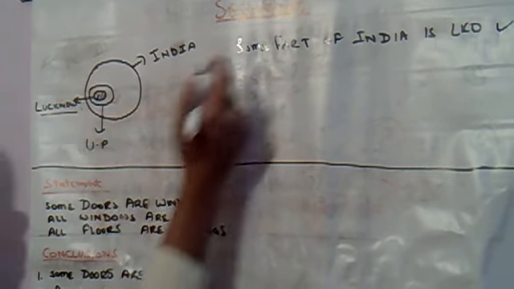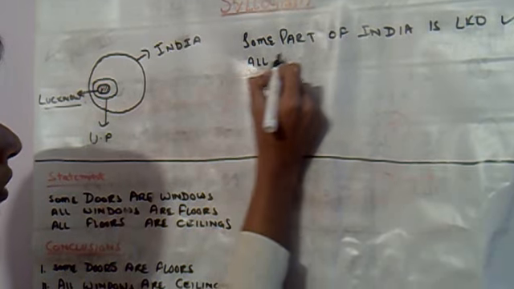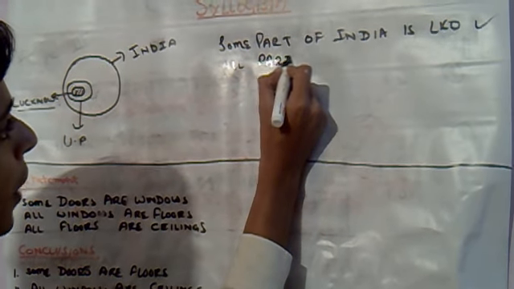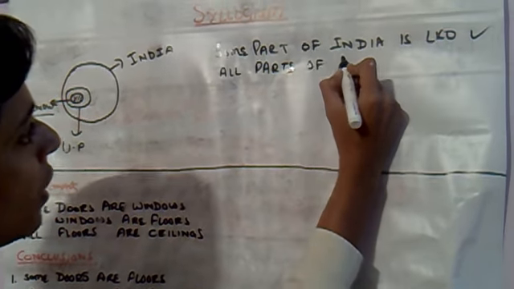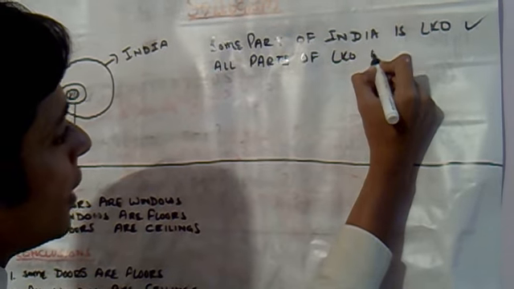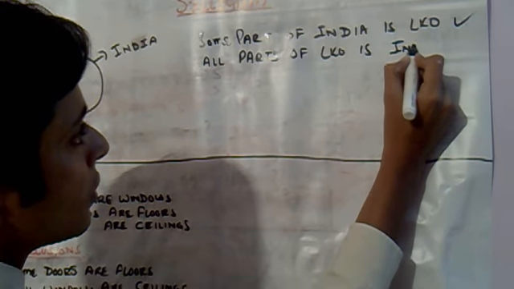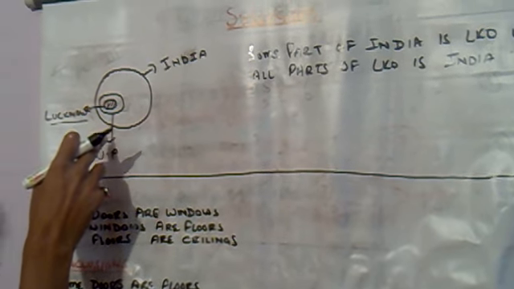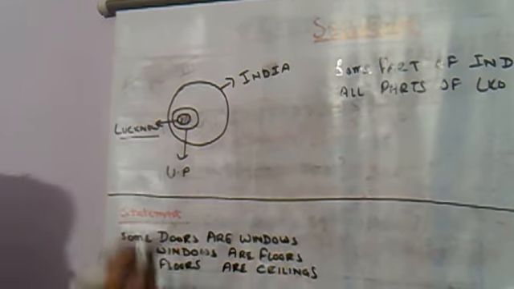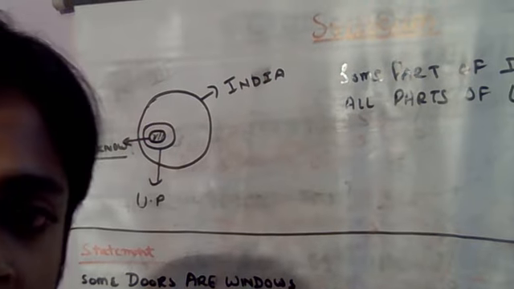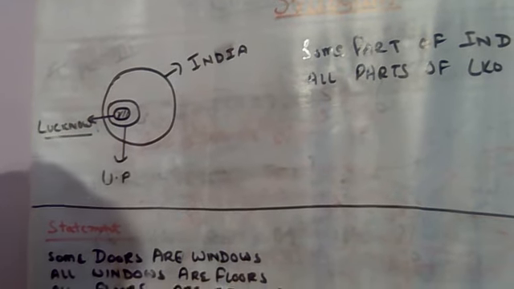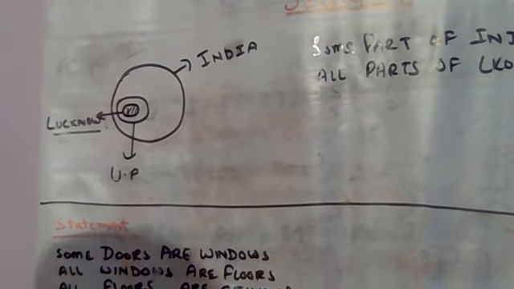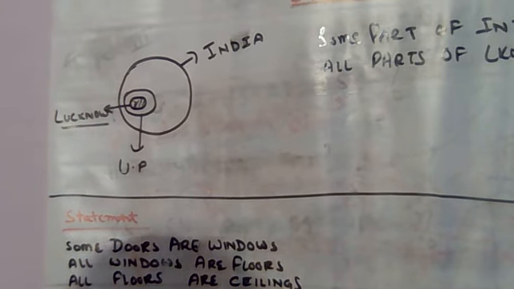Now if I say all parts of Lucknow are India, is it correct or not? Look at this. Lucknow falls inside UP. All parts of Lucknow, that is total Lucknow, fall inside UP, and UP is totally inside India.